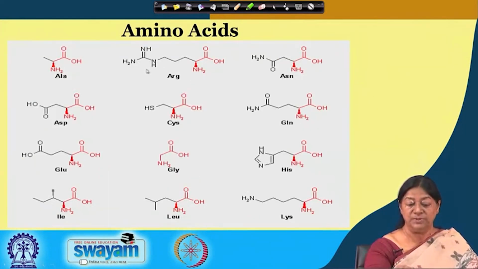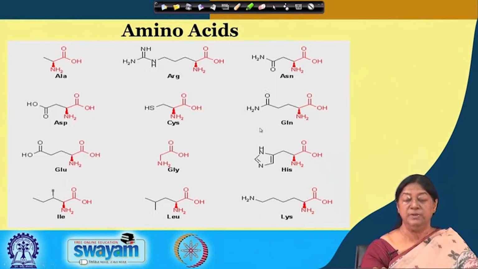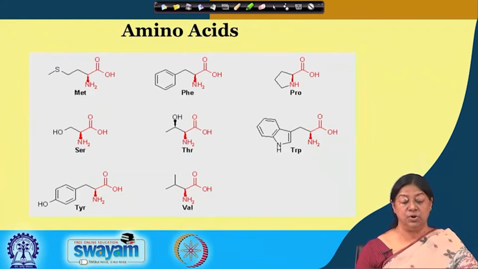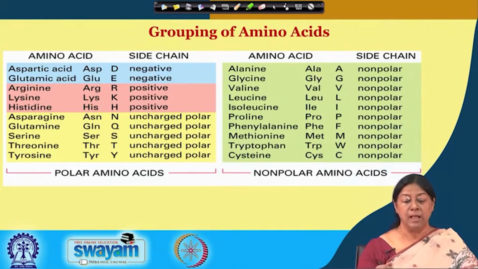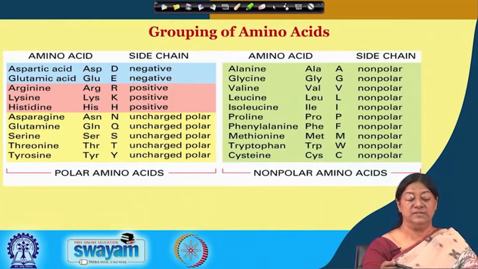If we have the ones with nitrogen and oxygen, they would be the polar ones. They would be the ones involved in hydrogen bonding and electrostatic interactions, which we will look at later on in much more detail. If we group the amino acids, we have aspartic acid and glutamic acid, which have a side chain that is negatively charged. So, these are the acidic amino acids.